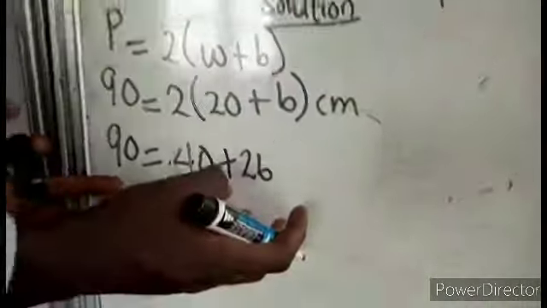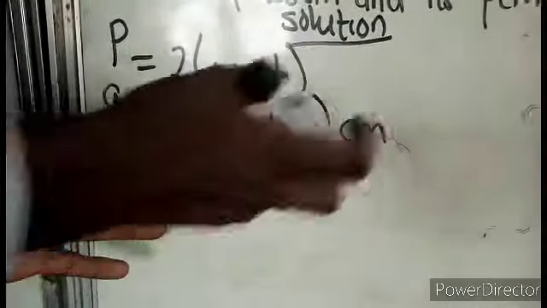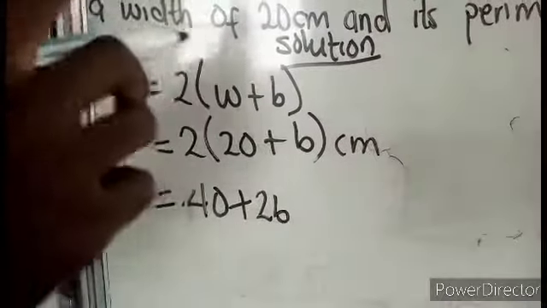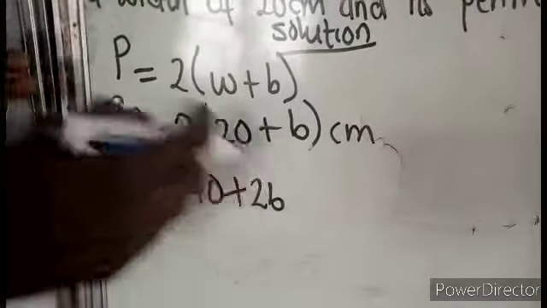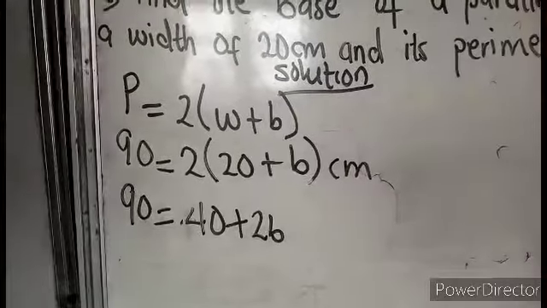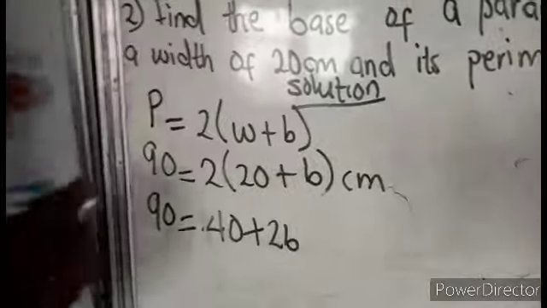Now we are here. We have 90, which is the perimeter, 40, what we got from opening the bracket, then 2B. The next thing we are going to do now is collect the like terms. That is, separate the numbers that have alphabets from the numbers that do not have alphabets. Those that are alike.